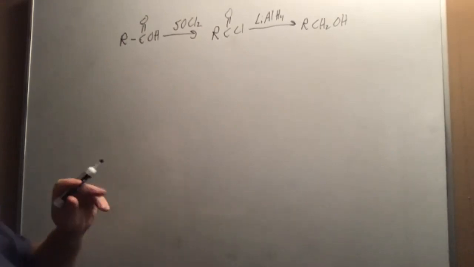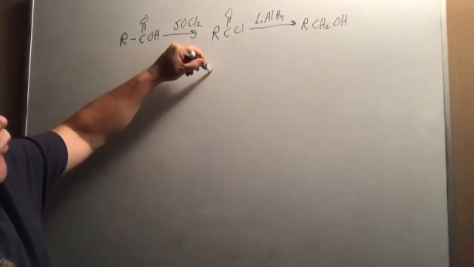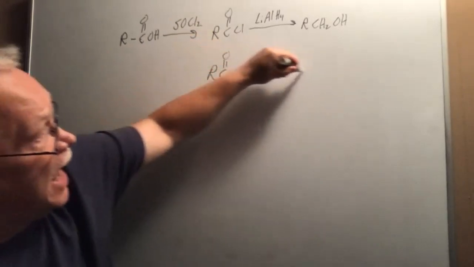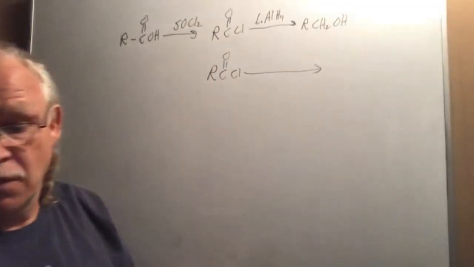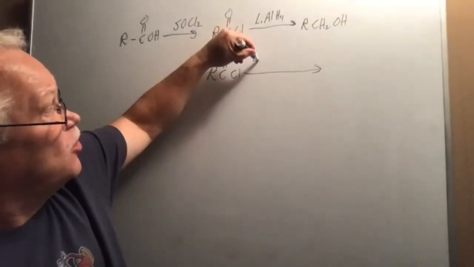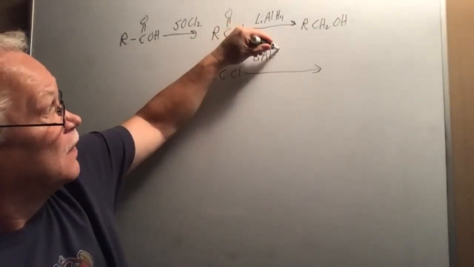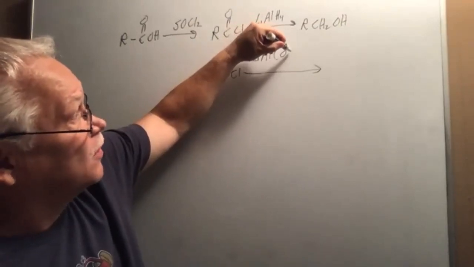But this reaction is even much more important. If we take this acid chloride and treat it with this special reducing agent, and this reducing agent has one purpose in life, and that's this reaction as far as we are concerned.